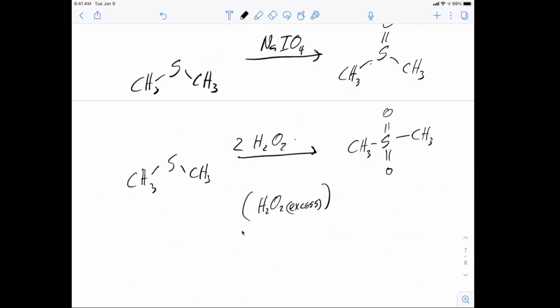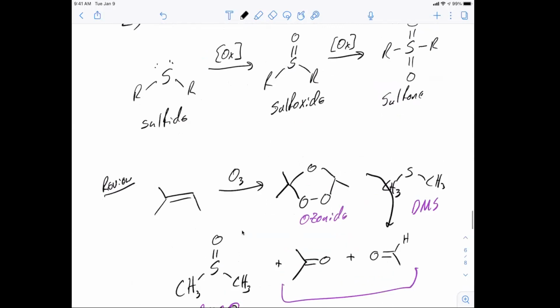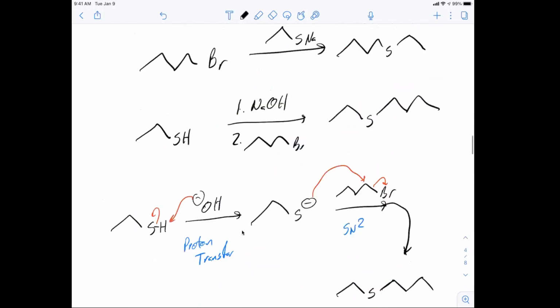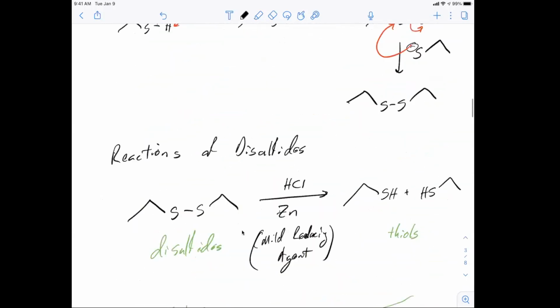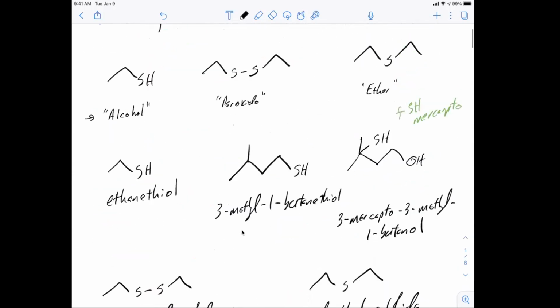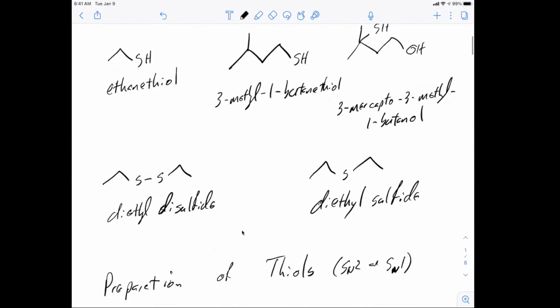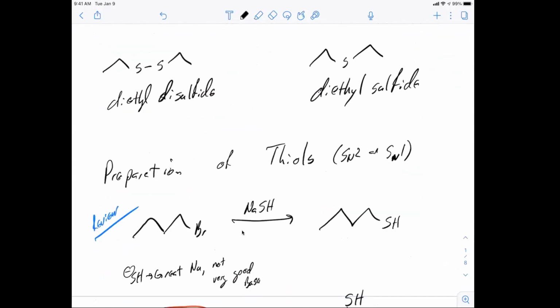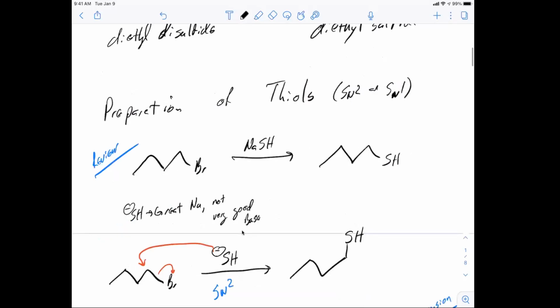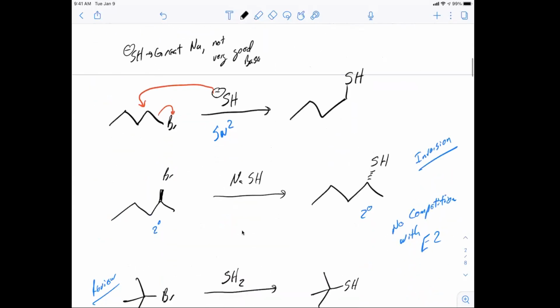Okay, well, that's our thiols, disulfides, and sulfide reactions, right? So for preparation, we make thiols. Let's go all the way back. Don't look at the screen too fast. Okay, so if we look at thiols, we make thiols from SN1 and SN2 reactions with either sodium thiolate or dihydrogen sulfide.